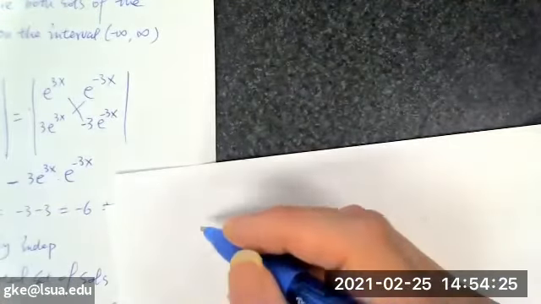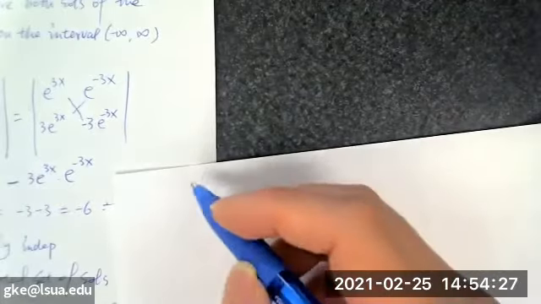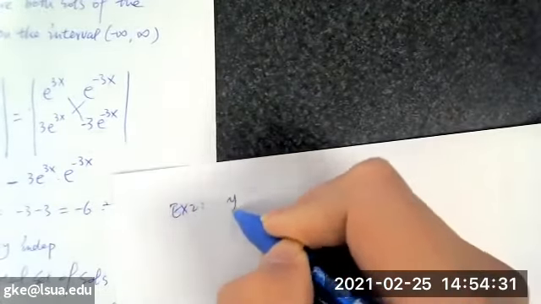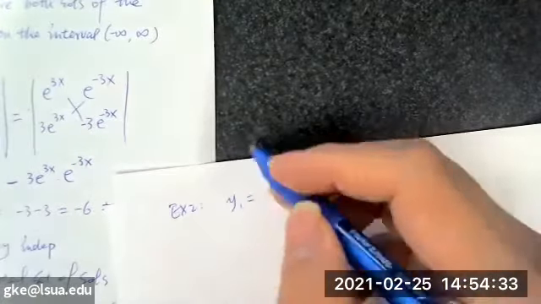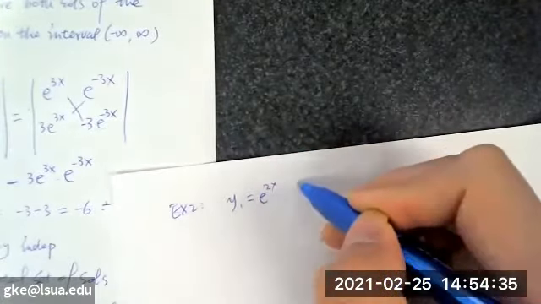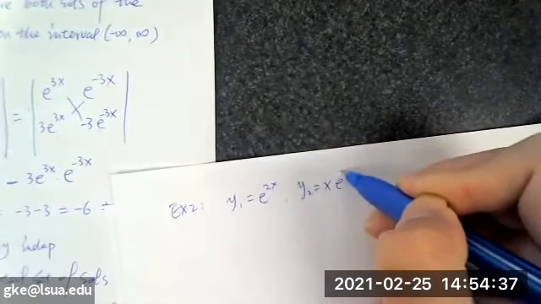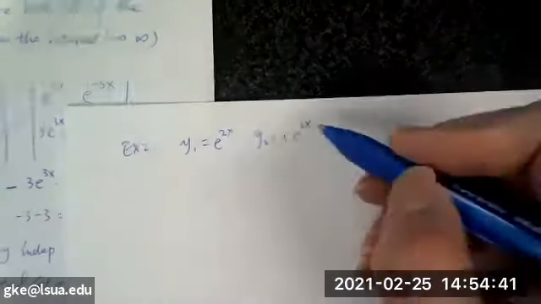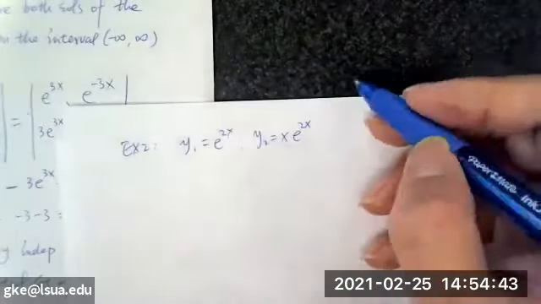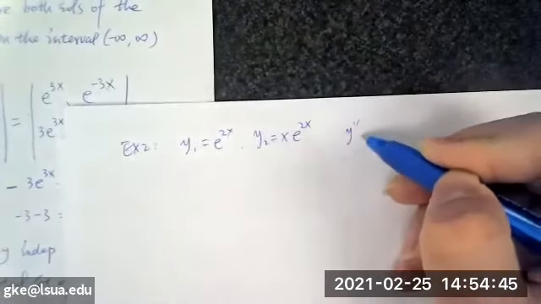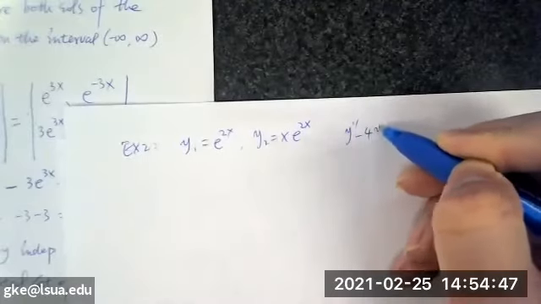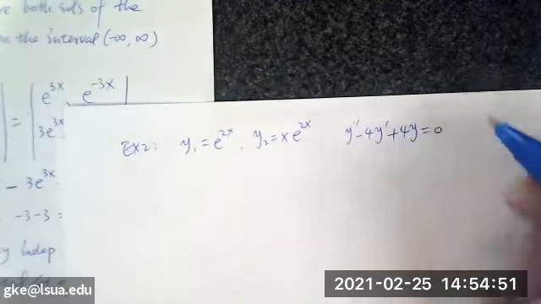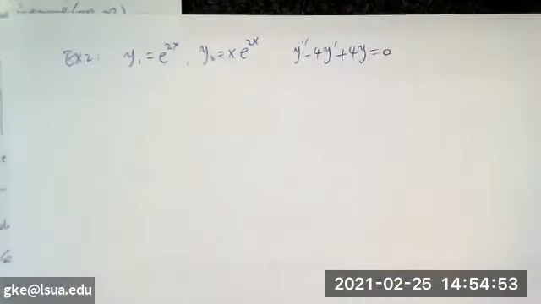For example, we have two solutions again. One is e to the power 2x, which is this one. And they are solutions corresponding to this equation. Try it by yourself.